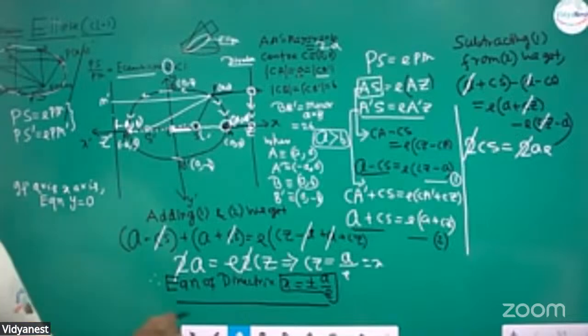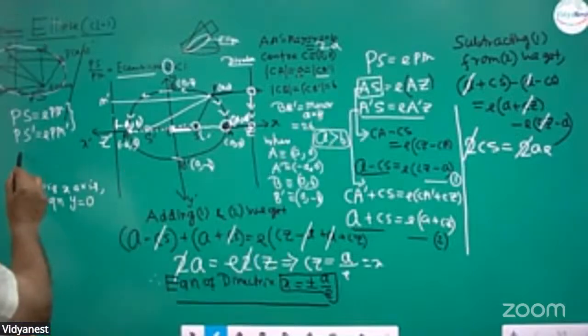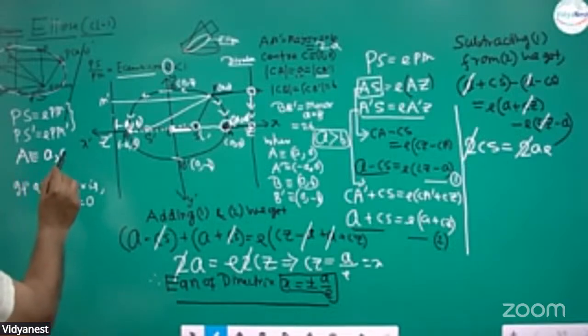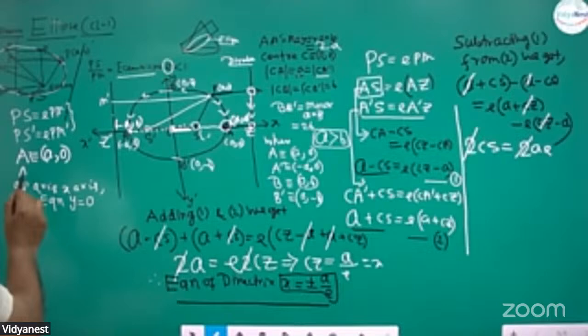That is called A and A dash, the two vertices.